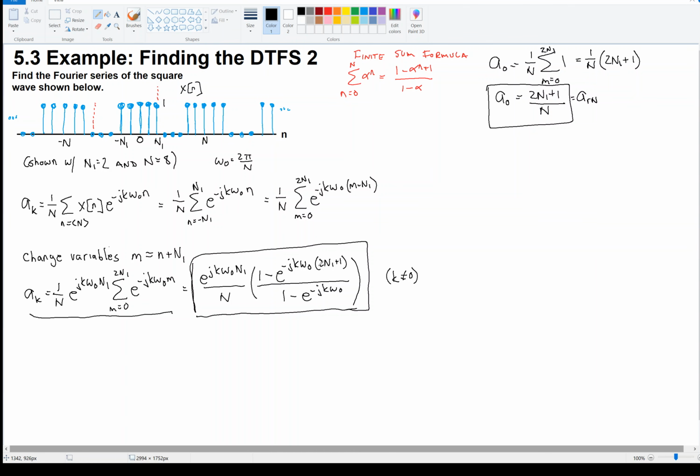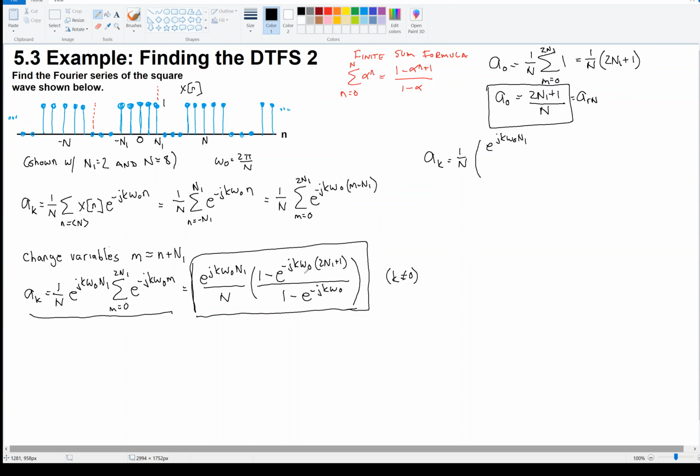Okay, so we have, first of all, this e in here, and I'm going to distribute this e in to the numerator. All right, so I'm going to say that ak equals 1 over n times. So when that e comes in, I've got e to the j k omega 0 n1.